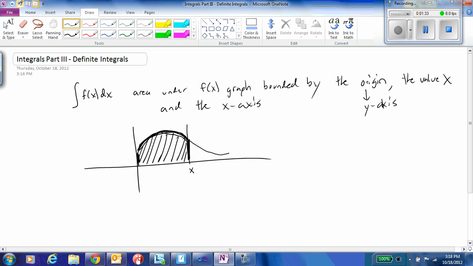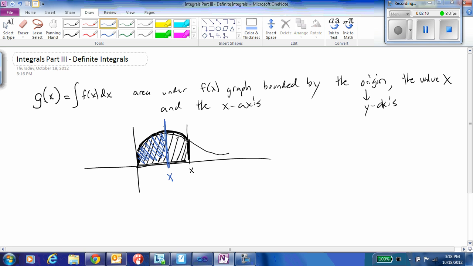So that will give me the answer of that particular integral. When I'm done with this integral, it's going to be some new function, g of x. So that means I can take a specific x value, substitute it into my answer, g of x, and it will give me the area bound in that region. If I put in a different x value, for example, if I put in this value of x, g of x would give me this area instead.